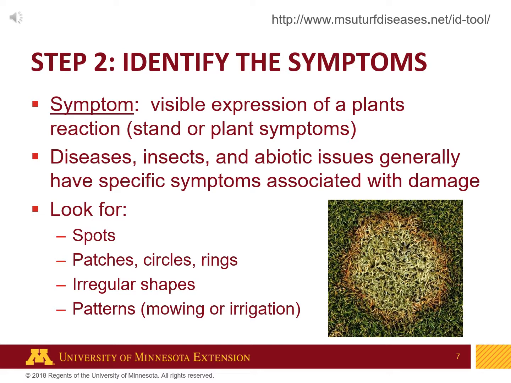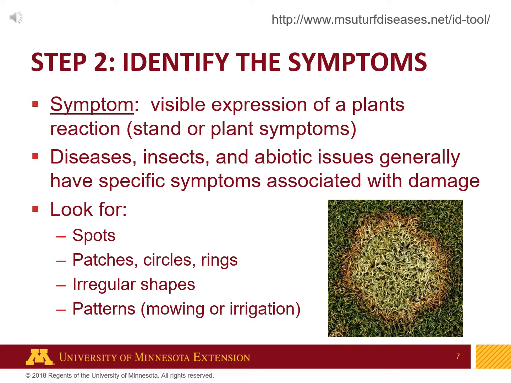Step 2 in the diagnosis process involves identifying the symptoms of the problem in question. The basic definition of a plant symptom is the visible expression of a plant's reaction, and symptoms can be separated into stand or plant symptoms, which are explained in greater detail on the next slide.